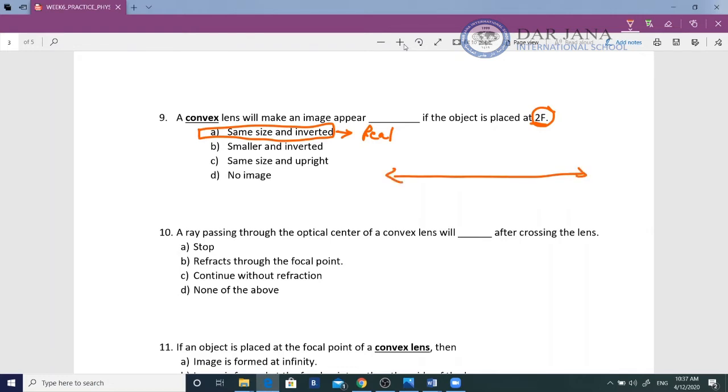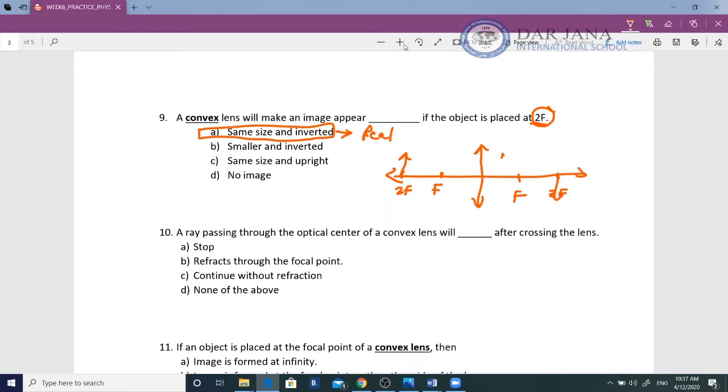So if we have a convex mirror or lens, sorry. This is f and this is 2f. If we put an object here, we will get the image here exactly and the same size as the object.